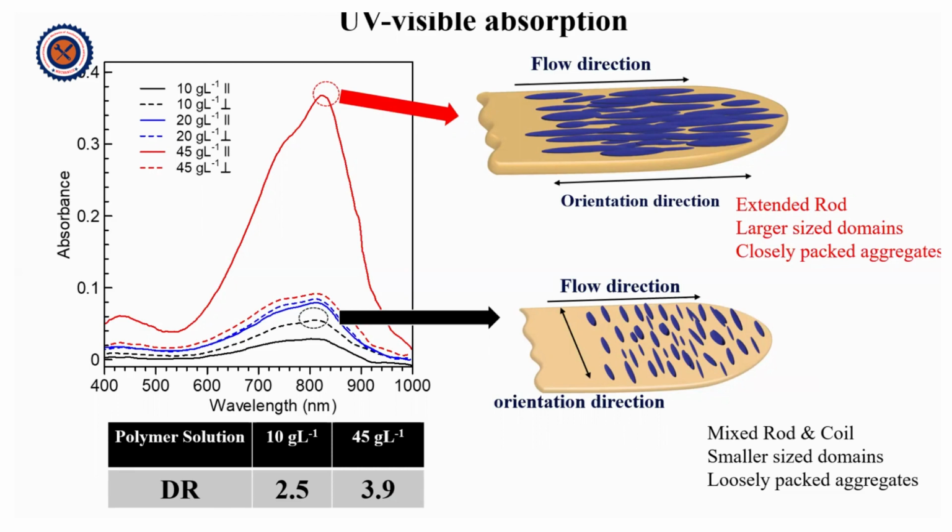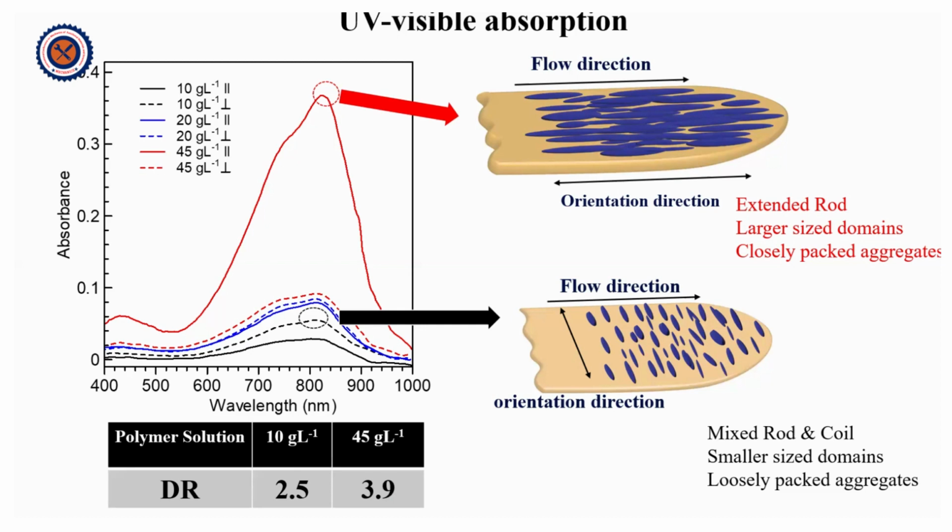They have smaller size domains and loosely packed aggregates. In the other case, the 45 gram per liter polymer solution, where the polymer solution has a higher viscosity as compared to the lower liquid ethylene glycol, the orientation is in the same direction as the flow. This helps in getting extended rod-like aggregates with large size, and these aggregates are very closely packed.